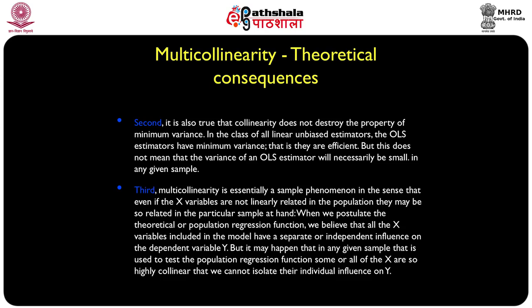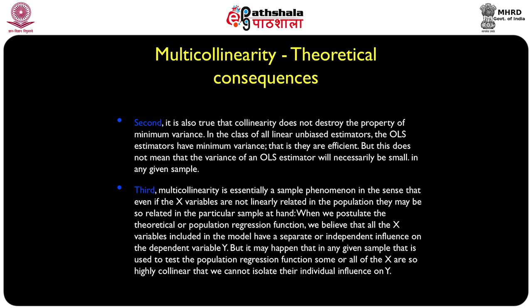Third, multicollinearity is essentially a sample phenomenon in the sense that even if the X variables are not linearly related in the population scenario, they may be so related in the particular sample at hand.